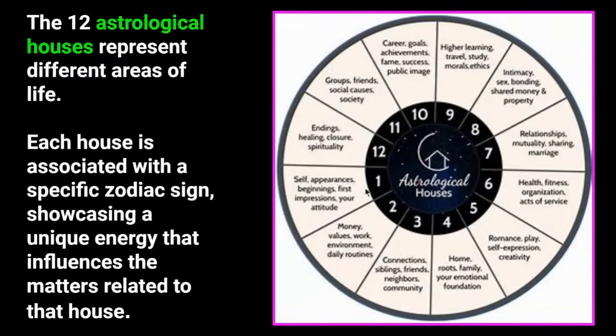What you may know or study in your own time, you will not definitely see these exact explanations for each house, but they have the same general overview, the same meaning, generally speaking.